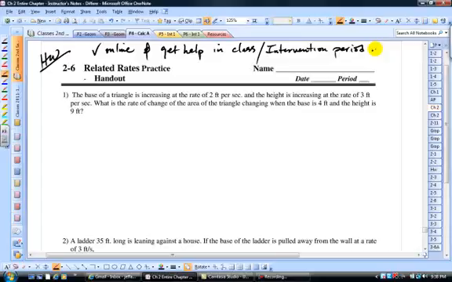Form some study groups, work with other people, and always write out what you're given, what you have to find, what equation applies, and then differentiate it and solve for the unknown. And if there's a diagram involved, draw the diagram. So go ahead and go for it. I'll see you in class.